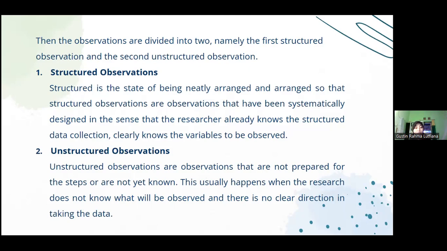Meanwhile, the unstructured observations are observations that are not prepared for the step or are not yet known. This usually happens when the researcher does not know what will be observed and there is no clear direction in taking the data.